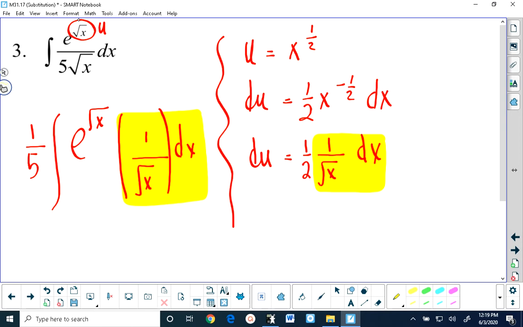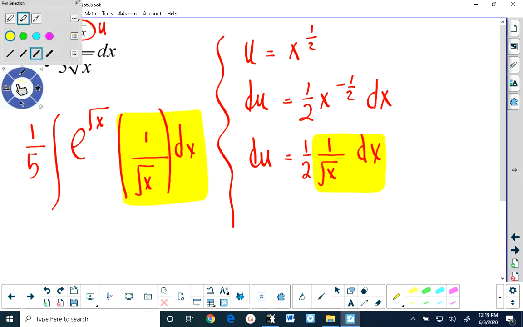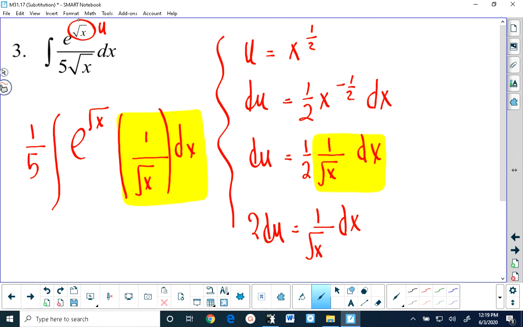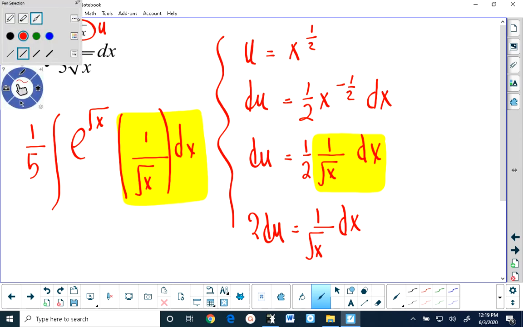But it's not equal to du. It's equal to 2 du, because I have to multiply both sides by 2 to isolate that. I get 2 du equals 1 over root x dx. So 1 over root x dx is 2 du.